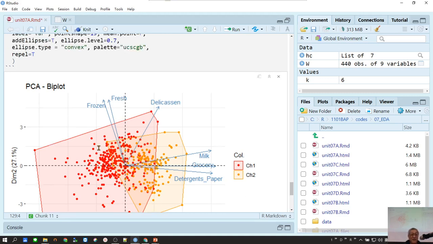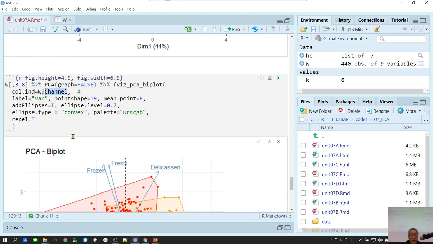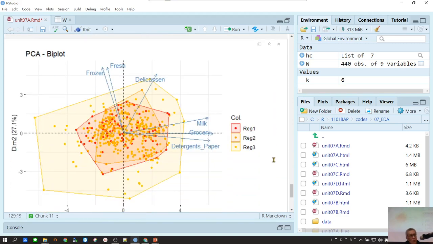If I divide it by region, what will happen? Well, as you can see, region 1, region 2, and region 3 actually do not have a very systematic difference between them, right?